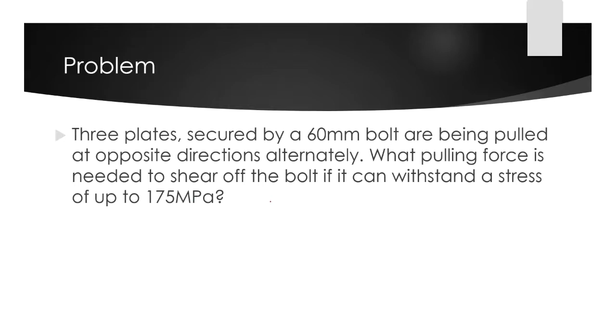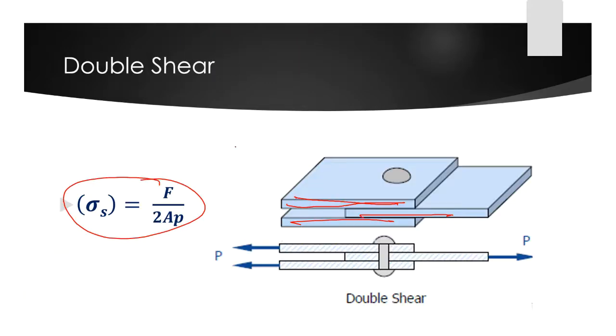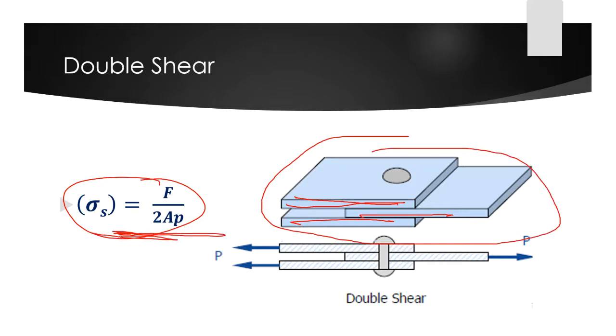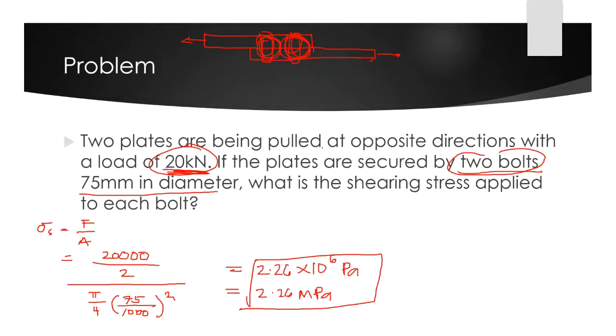So if you can recall, it already includes three plates with opposite directions alternately. So if you can recall from here, that already involves the double shear. So we'll be applying this formula, multiply the area by 2.